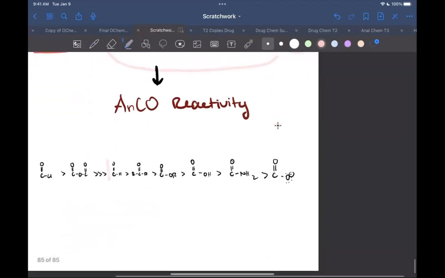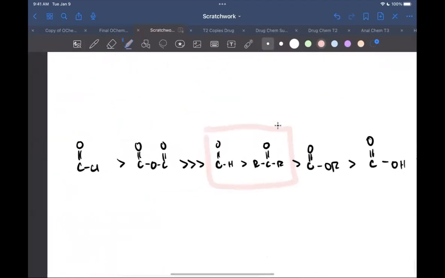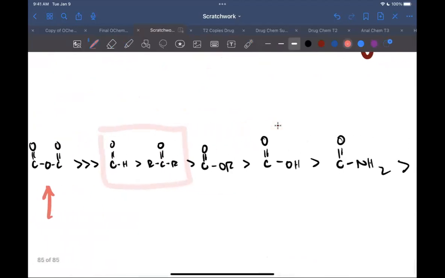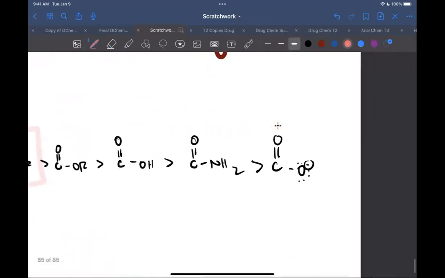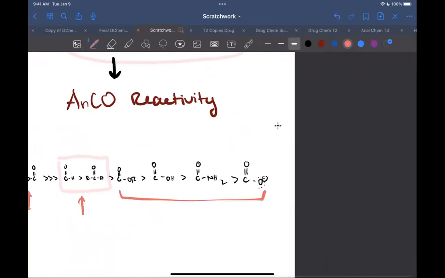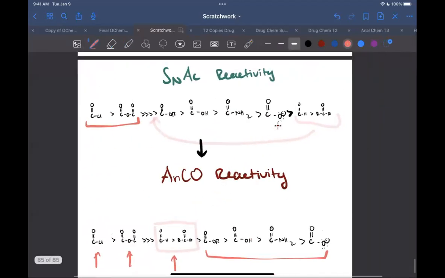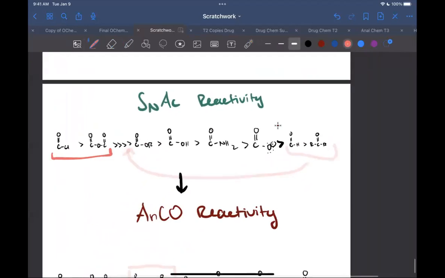So now they are here. For ANCO reactivity, acyl chlorides and anhydrides still react the fastest, but now we have aldehydes, then ketones, and then everything else.